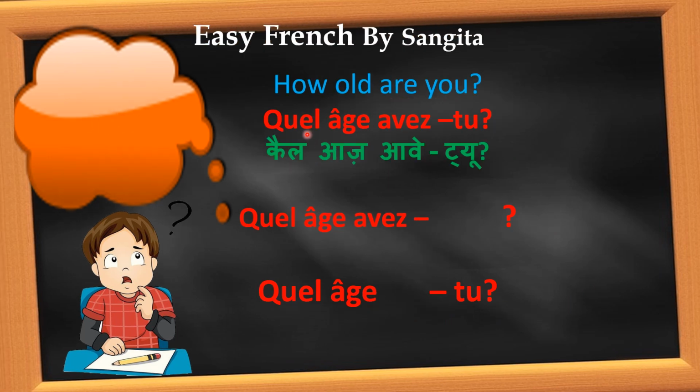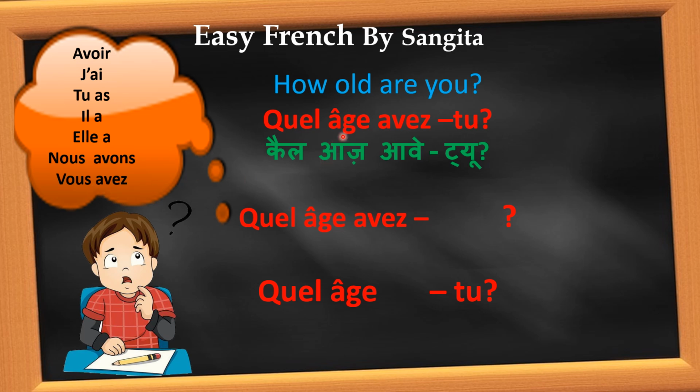How old are you? Quel âge avez-tu? Now, can you guess what is the mistake over here? The mistake is either you change the verb or you change the pronoun. So let's go through the verb conjugation first. This is avoir. Age is always with avoir. Avoir conjugation is j'ai, tu as, il a, elle a, nous avons, and vous avez.